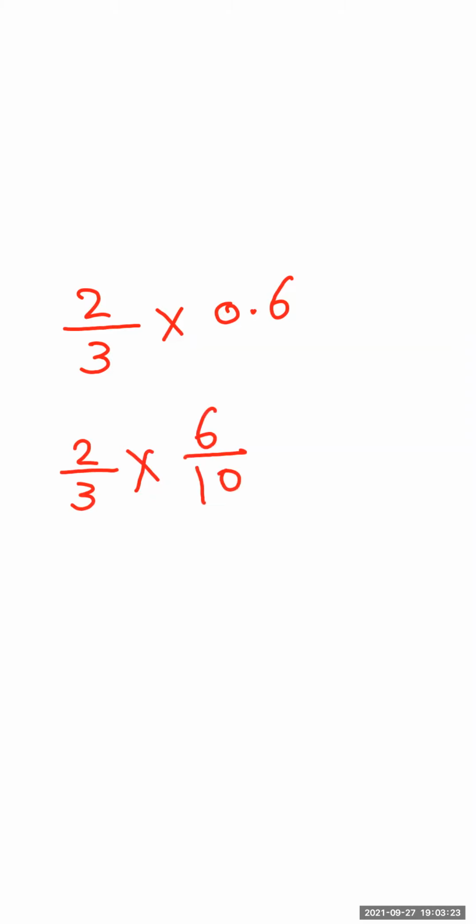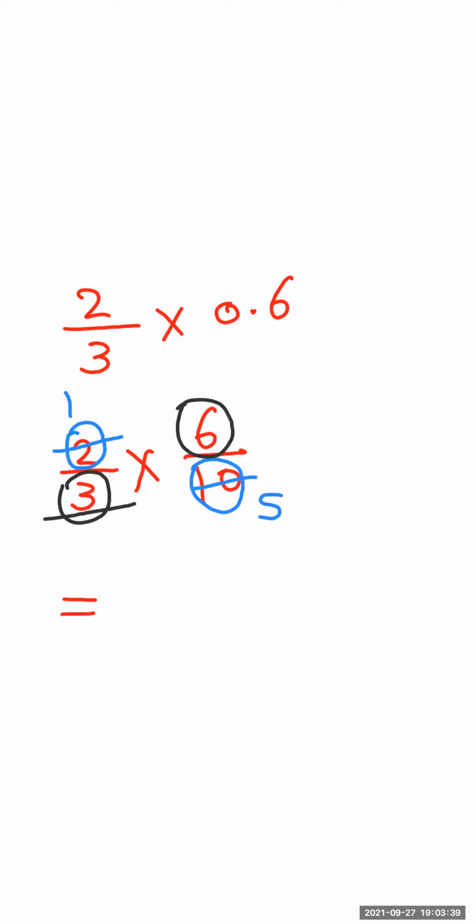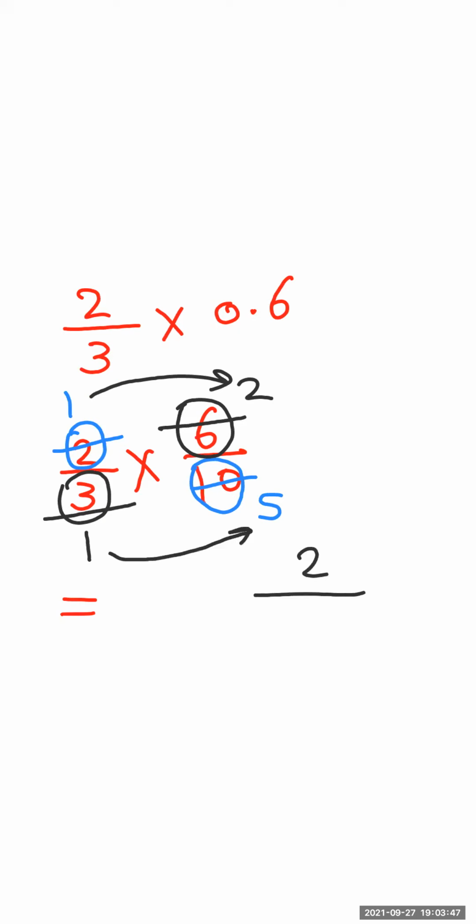Now simplify, divide 2 and 10 by 2, so this will be 1 and this will be 5. And 3 and 6, divide by 3, this will equal 1 and this will be 2. 1 times 2 equals 2, and 3 times 5 is 15... so it will equal 2 over 5.